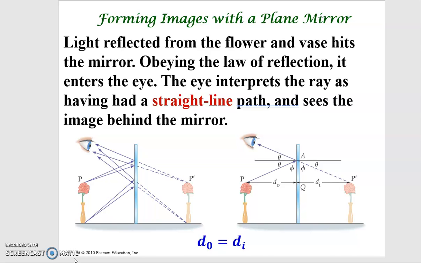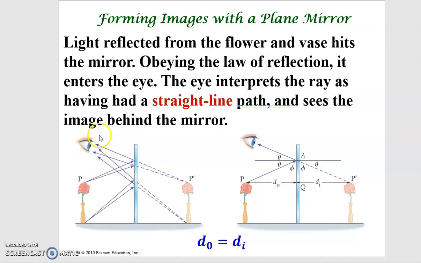This is the first criterion. Now let's look at the top of the flower, point P. The light reflected by the flower interacts with the mirror, follows the law of reflection, and the reflected light enters your eyes.